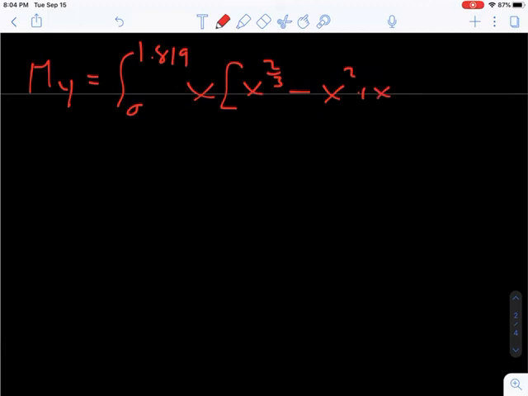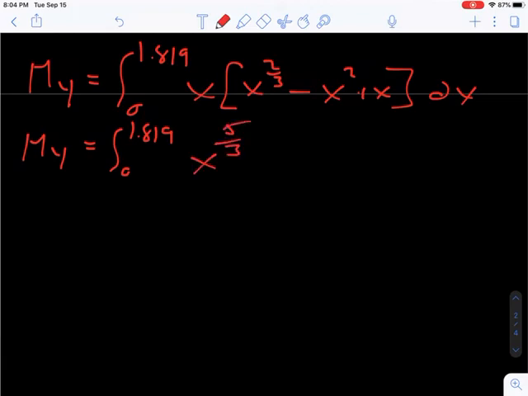I'm just going to distribute the minus through there, dx. So m sub y is equal to the integral from 1.819 to 0. Okay, so multiplying this, x to the first times x to the 2/3 is x to the 3/3 plus 2/3, which is 5/3. X to the 5/3 minus x cubed plus x squared dx.